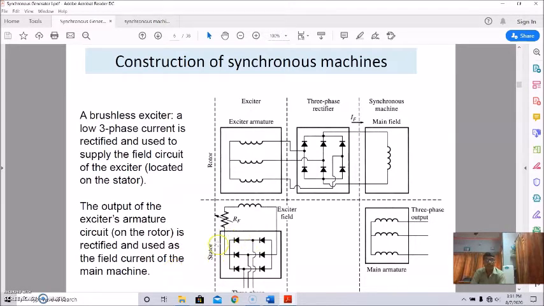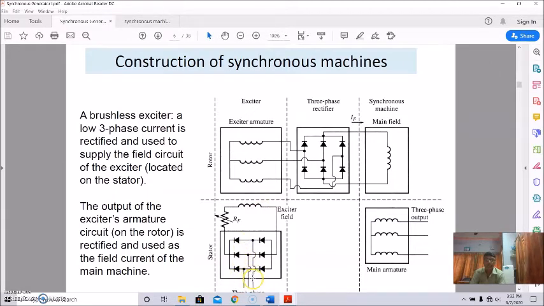So this is actually the stator part, where a three-phase current is rectified into DC, and this is given to the exciter field. The exciter armature circuit is on the rotor.